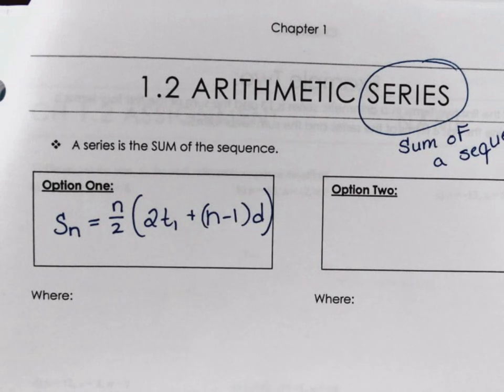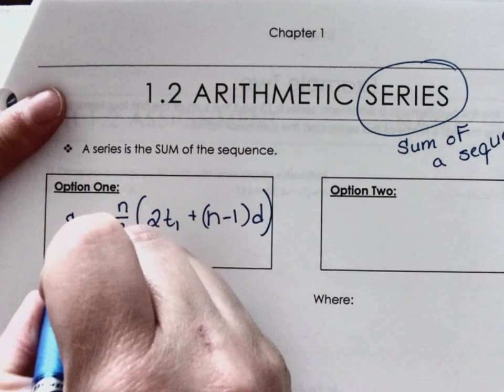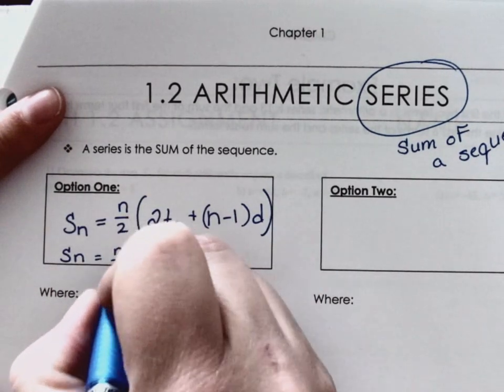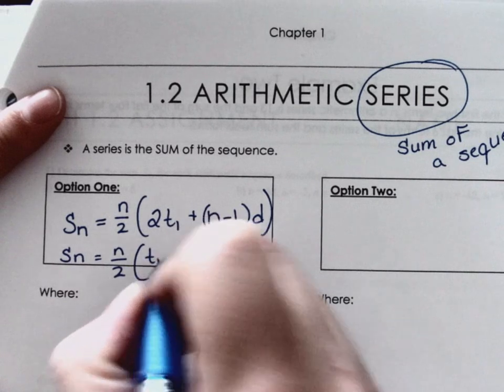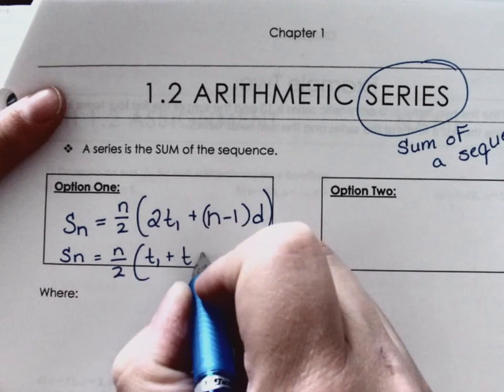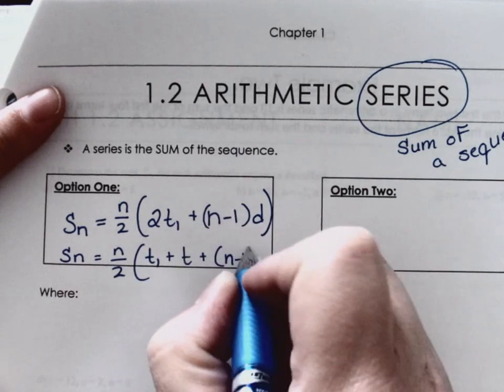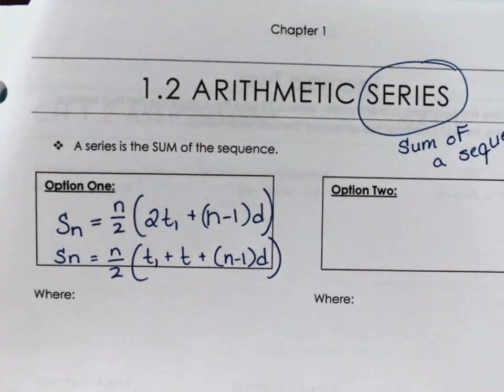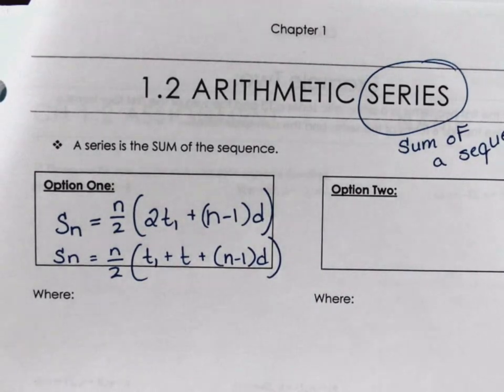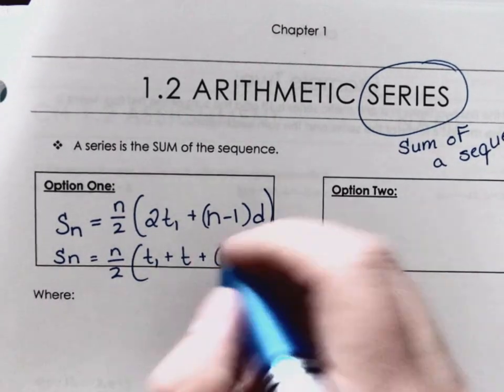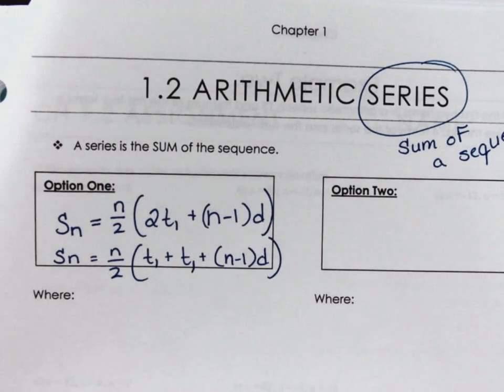All right, so this looks super similar. If you guys notice, if I wrote it like this, T1 plus T1 would give me the 2T1.